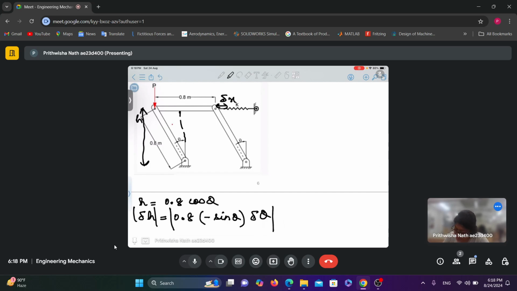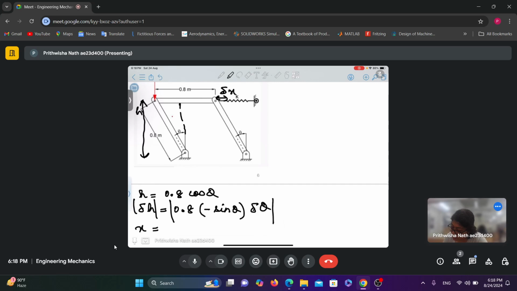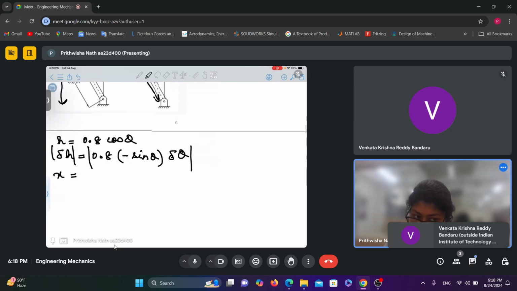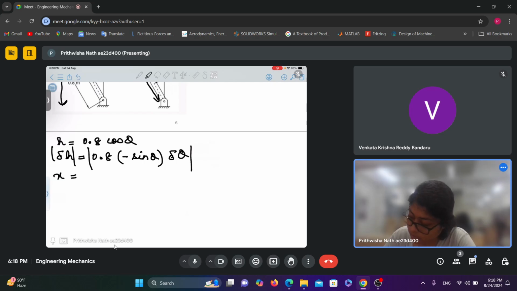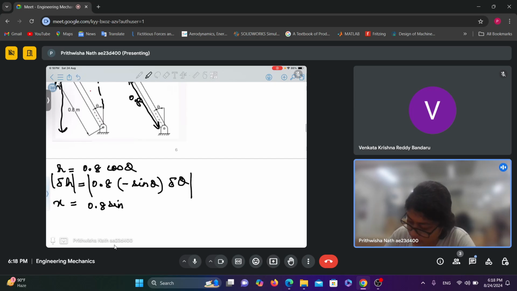So I can write x as, this distance is also 0.8. So x is written as 0.8 sine theta.